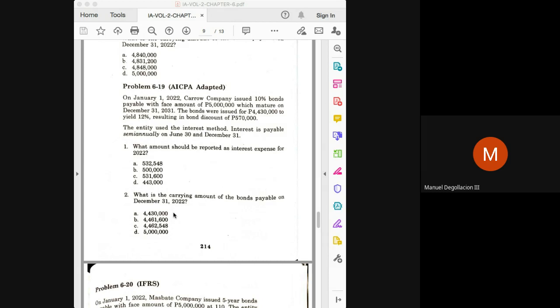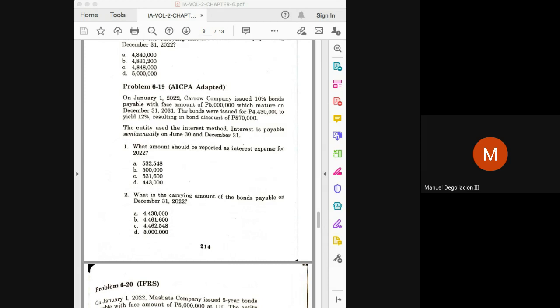Okay. Let's just continue with our flow, class. We've already computed that the interest expense for the second 6-month period is 266,748. For us to get the carrying amount after the second 6-month period, we will have to update the discount. And for us to get the updated discount, we will have to compute the amortization of the discount for the second 6-month period.